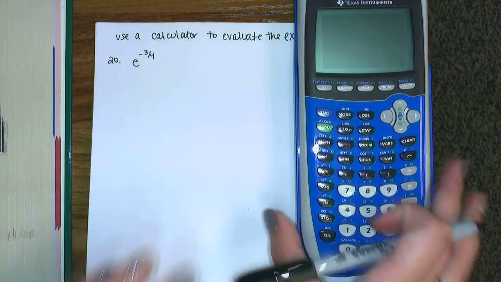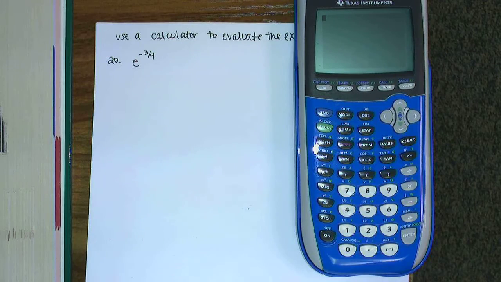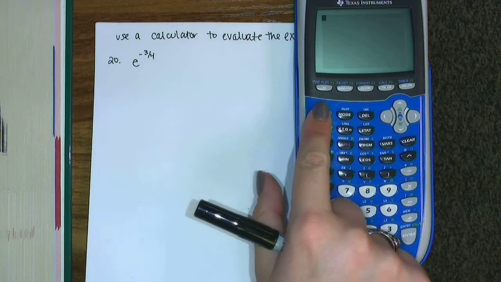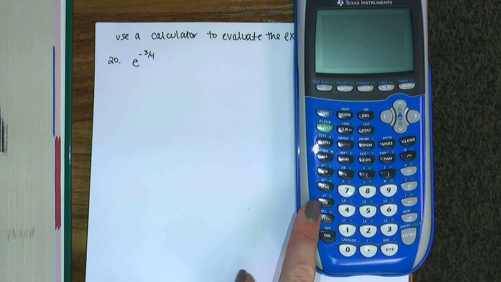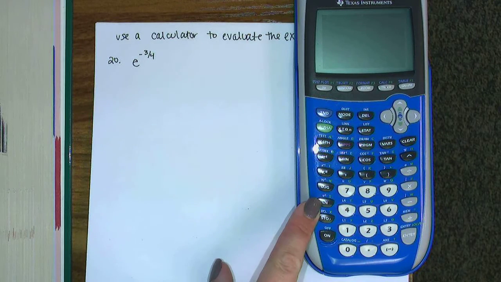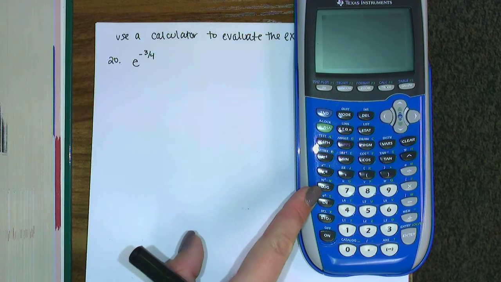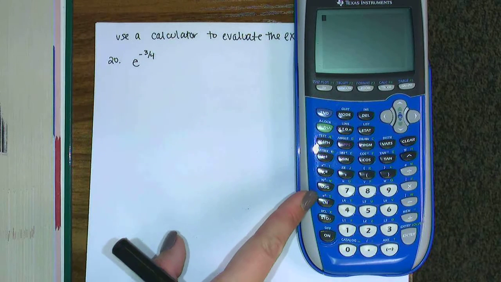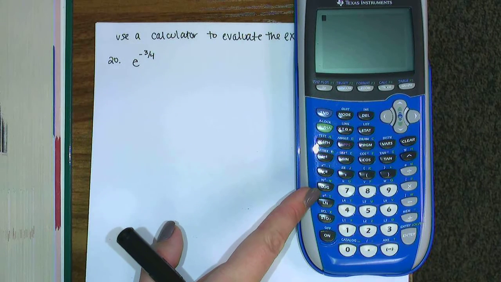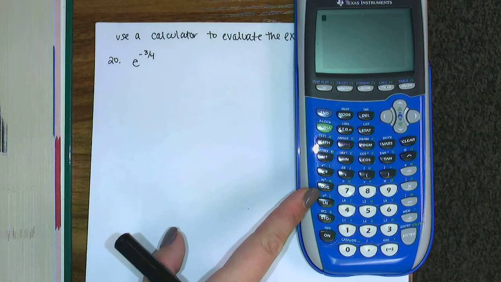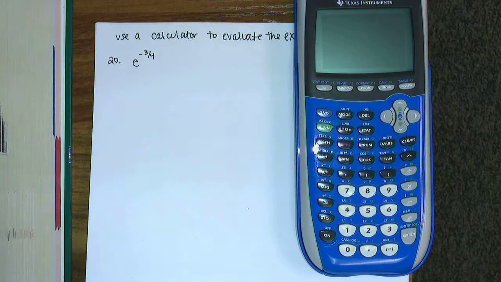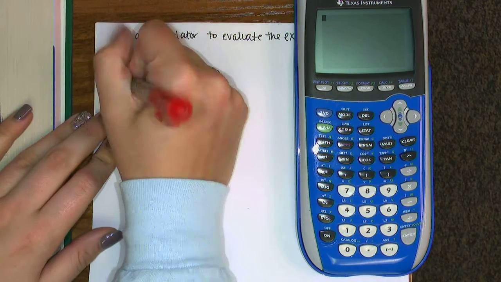Alright, so on your calculator, obviously turn it on, come all the way down, and you'll see this LN button, okay? And it's really hard to see it because of this glare and just it's so small. But right above the LN is a button that has e to the x. So on your calculator, what you're going to do, I'm going to try to write out the steps here so you guys can see it.